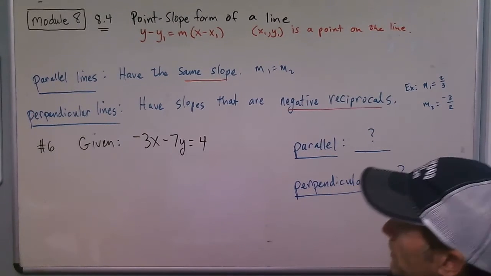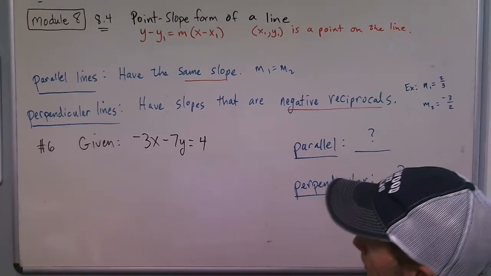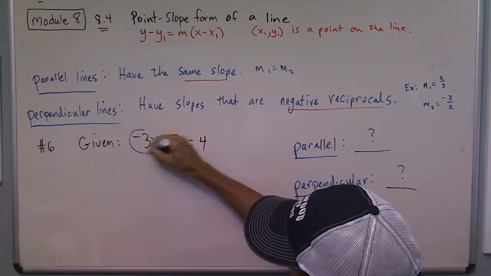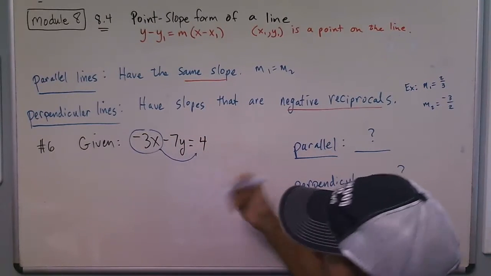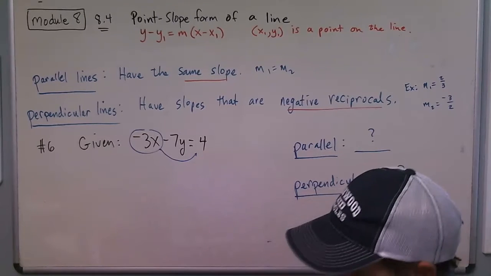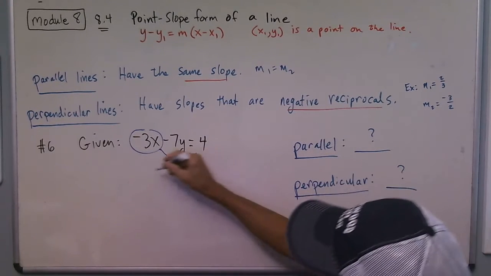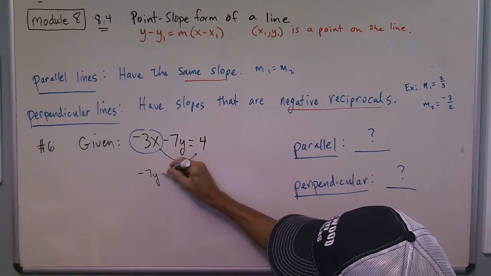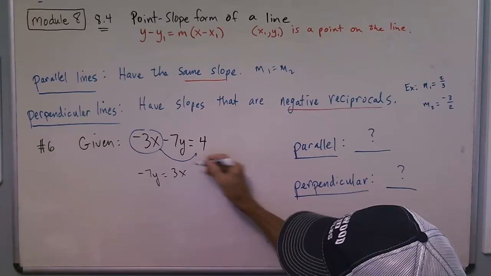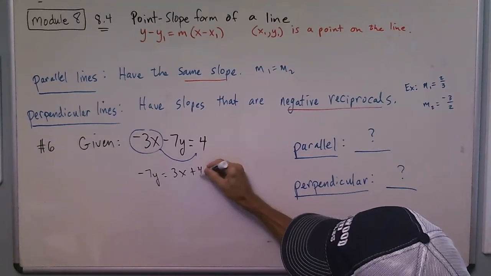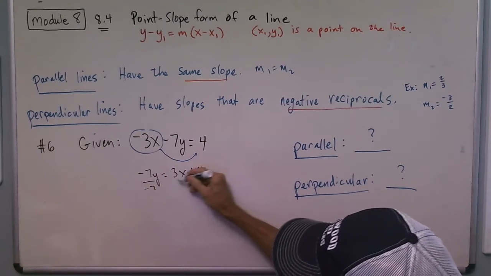So to see the slope, I'm going to take this term and move it over here. Remember, that's adding 3x, so I have negative 7y equals 3x plus 4. I'm going to divide by negative 7.